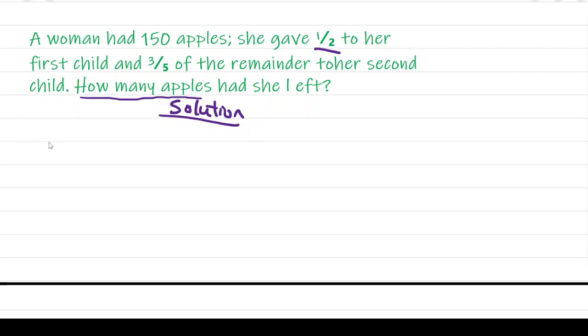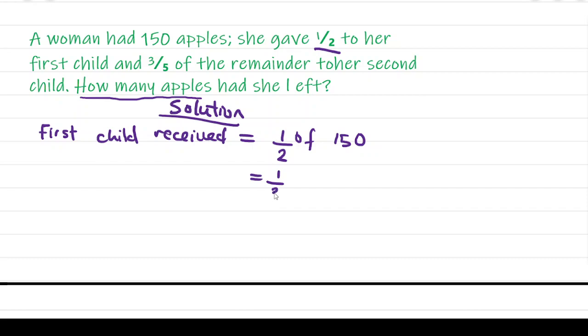So this means that her first child received an amount equal to half of 150, but of course "of" should tell us it's times, so half times 150, this is 150 over 2, and this is equal to 75.